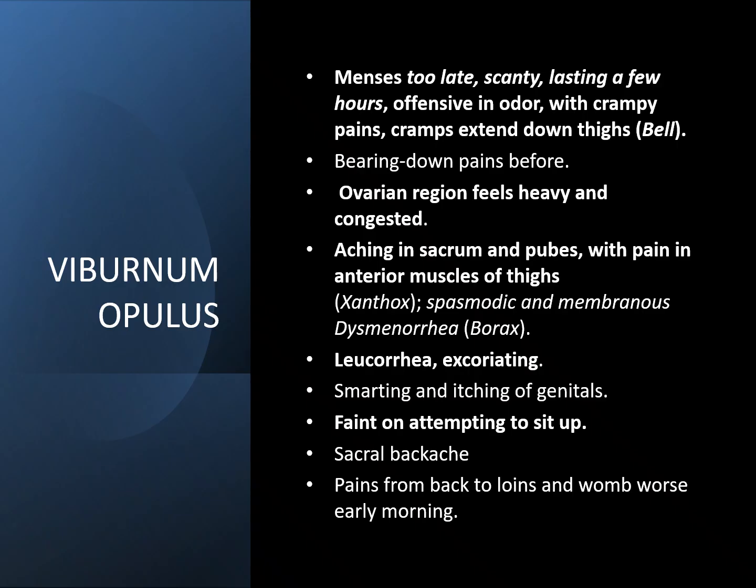So Viburnum opulus is particularly useful in women whose primary complaint is severe cramping before and during menstruation, very scanty menses lasting only a few hours, with spasmodic or membranous dysmenorrhea and fainting attacks.